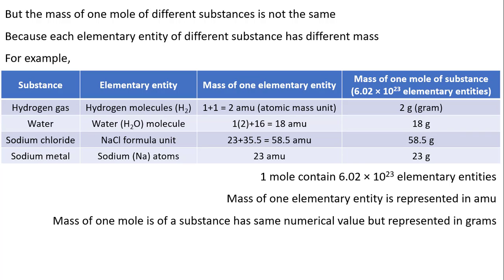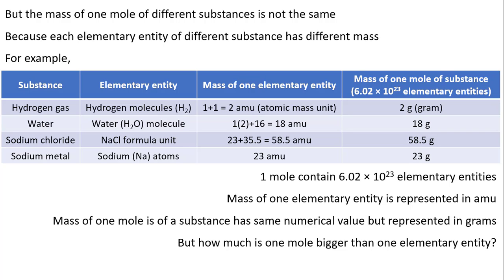And we will talk about that a bit later, how much smaller 1 amu is than 1 gram, and how the number of elementary entities in a particular substance is going to be that particular number, 6.02 times 10 to the power 23. And now that is the topic for the rest of the video.